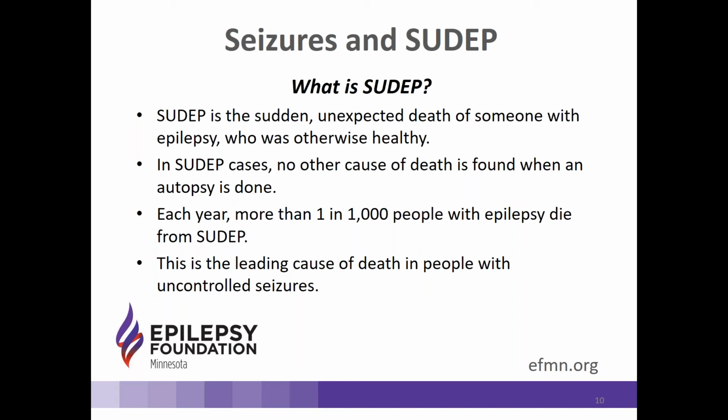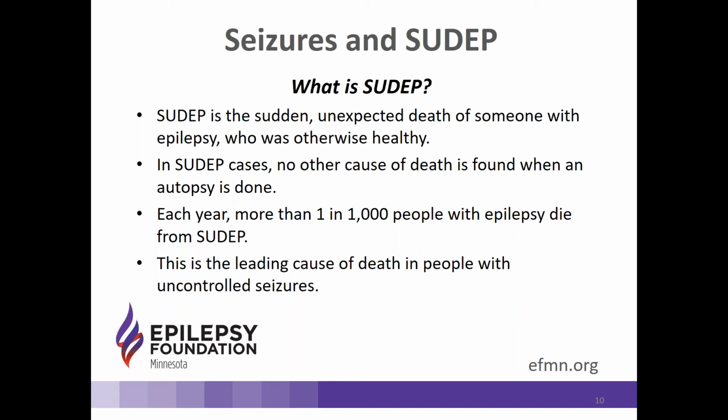So as I said, SUDEP is the sudden, unexpected death of someone with epilepsy who was otherwise healthy. In SUDEP cases, no other cause of death is found when an autopsy is done. The person dies and there is no apparent reason for it. Each year, more than 1 in 1,000 people with epilepsy die from SUDEP. Now, I know numbers can be kind of hard to wrap your head around sometimes. That is pretty rare.